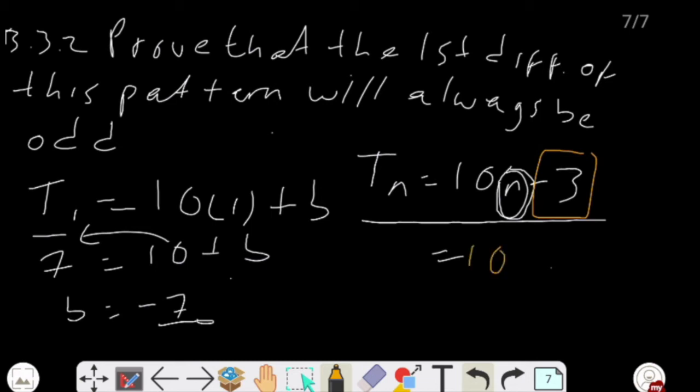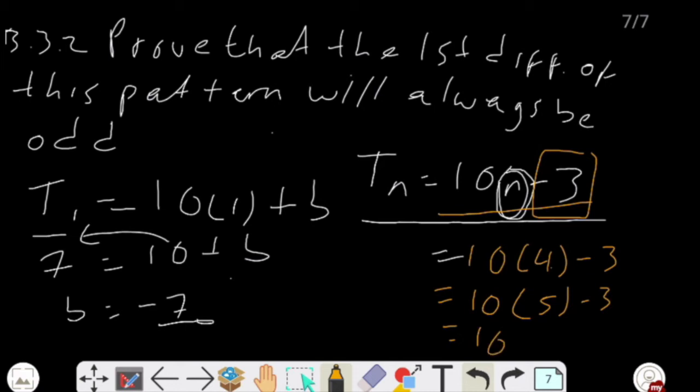Let's say we take term 4 and we minus 3, then the next term, term 5, and minus 3, and then the next term, 10 times 6 minus 3. This is all derived from our general formula.